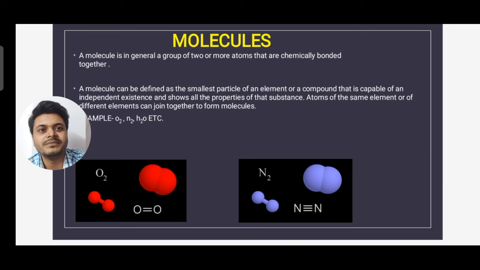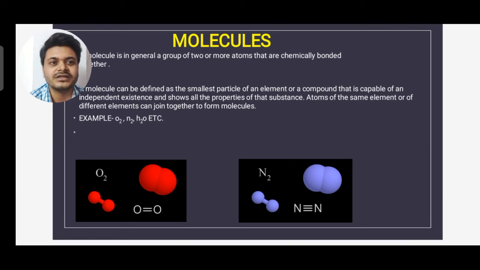A molecule can be defined as the smallest particle of an element or compound that is capable of an independent existence and shows all the properties of that substance. Atoms of the same element or different elements can join together to form molecules, like oxygen, nitrogen, water, etc.